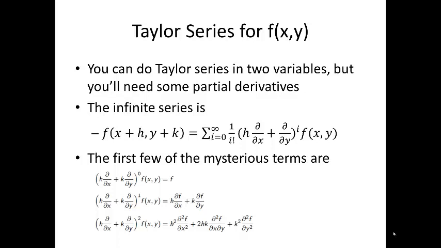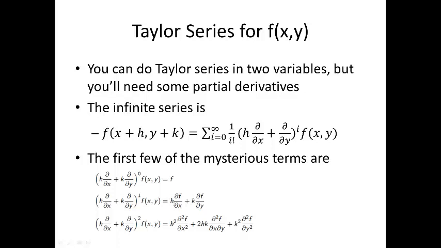So the infinite Taylor series representation for two variables is f of x plus h, y plus k, equals the sum from i equals 0 to infinity of 1 over i factorial, times h times the partial derivative with respect to x plus k times the partial derivative with respect to y, raised to the ith power, applied to f of x comma y. Looks pretty familiar. Now these first few mysterious terms: the zeroth term is just f.